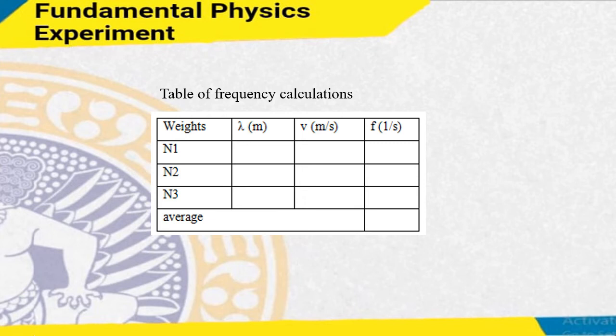You already calculated the value of lambda and the value of velocity for each of N1, N2, and N3. Then you have to determine the value of the frequency. After that, you take the average and you will get the value of the frequency.